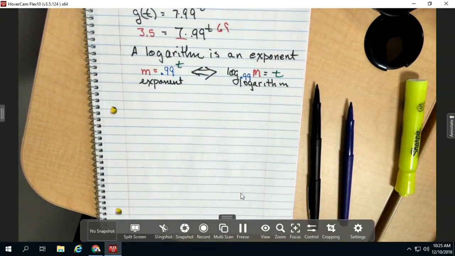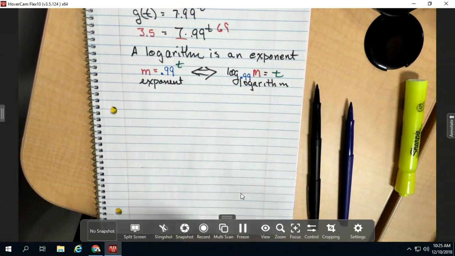So in this case, what's our base? It's the thing that the logarithm is based on, 0.99. What number is it? It's m. So log base 0.99 of m equals t.